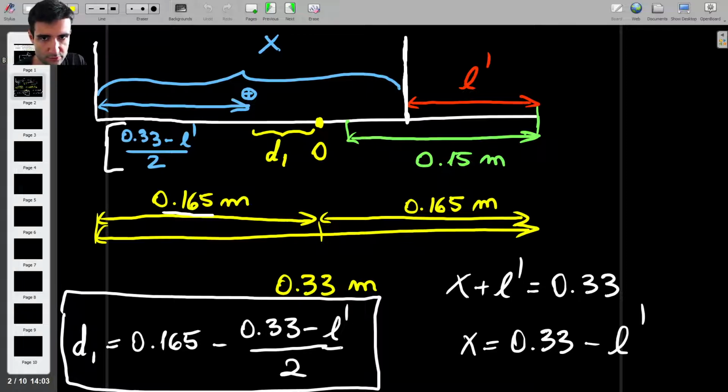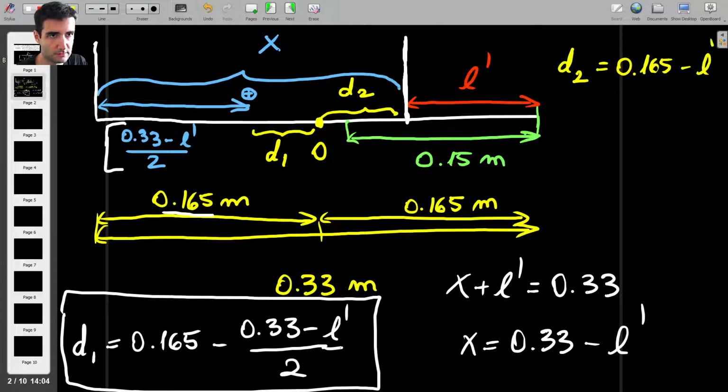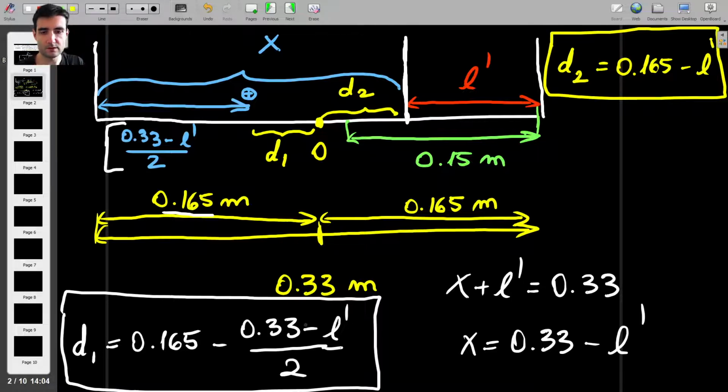We're trying to find this distance that we call D2, which remember is the same as D1 in magnitude. So D2 is simply equal to 0.165 minus L prime. That's all there is to it. We have half of the tube, from O all the way to the right-hand side, is 0.165, and then we subtract L prime and we get D2, which is what we're looking for. It's simpler than working out D1.